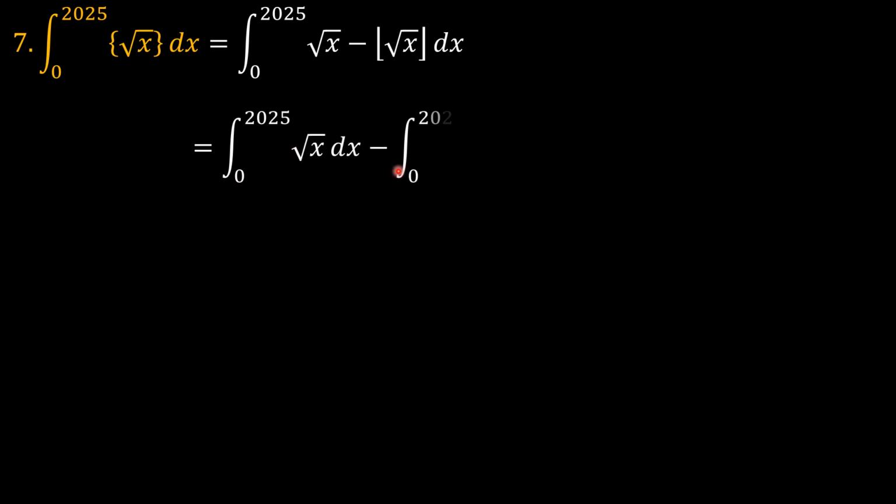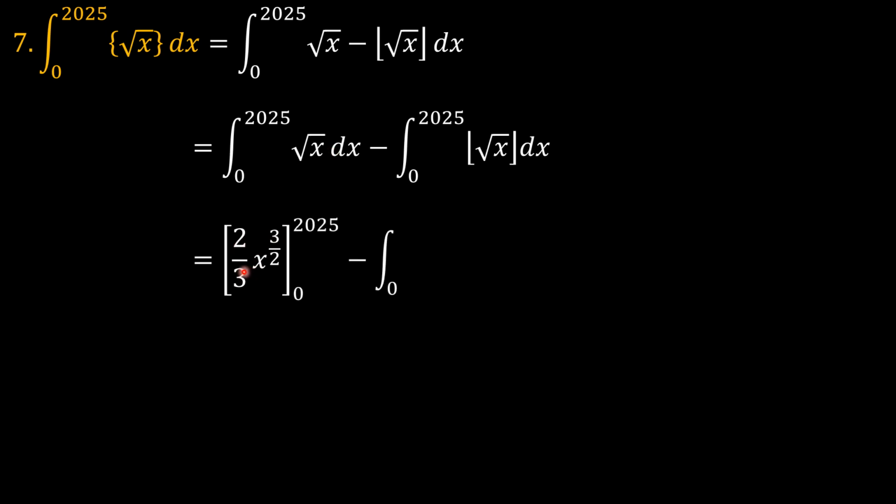We can separate this into two separate integrals. So we have the integral of square root of x from x equals 0 to 2025, and then we can also separate the integral of the floor function of the square root of x from 0 to 2025. So a quick thing here, we can just integrate the square root of x to 2 over 3 x to the power 3 over 2, and then the floor function we'll leave as it is for now.